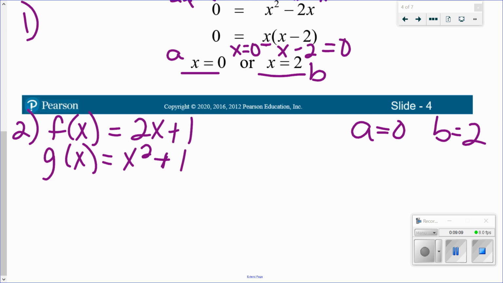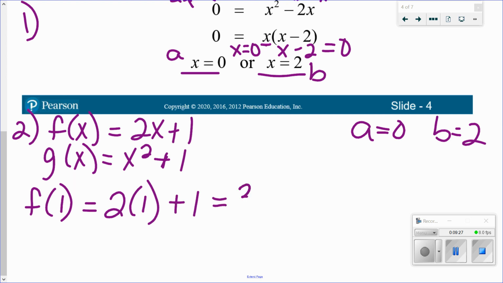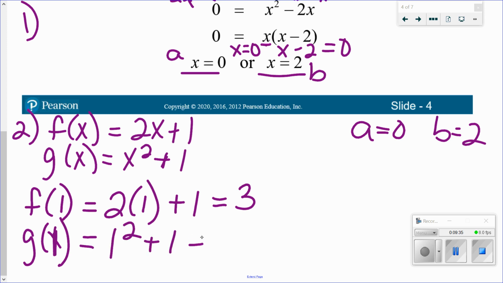In this case, we can just pick the number 1, which fits nicely inside the interval. Do not use a or b. It has to be a number in between a and b. Then we evaluate each of these functions at that number. So we chose 1. So 2 times 1 plus 1 is 3. And g of 1 equals 1 squared plus 1, which is 2.